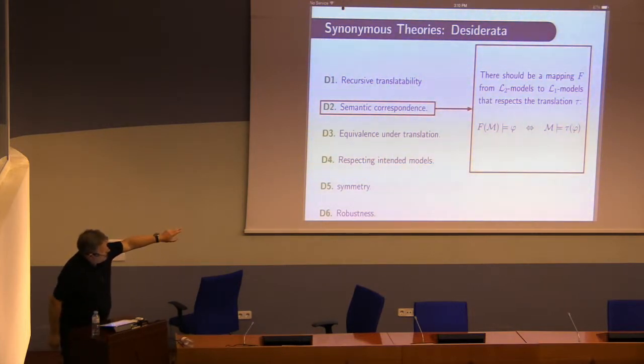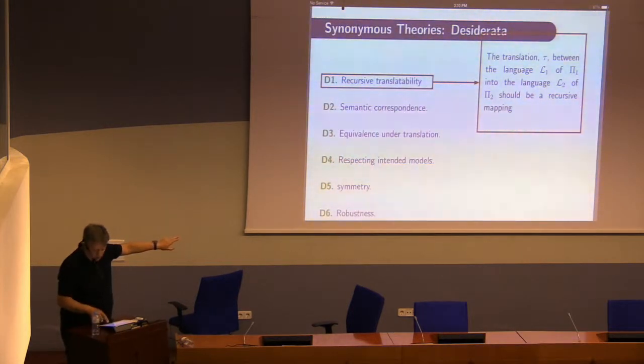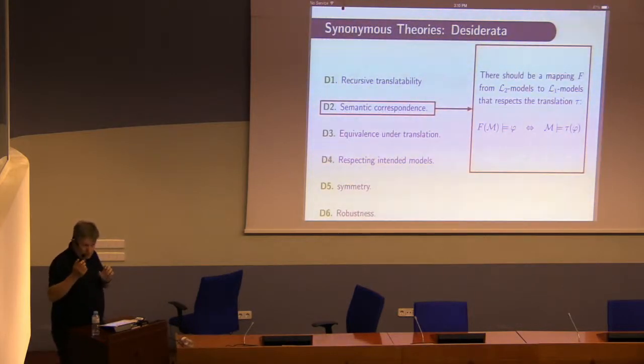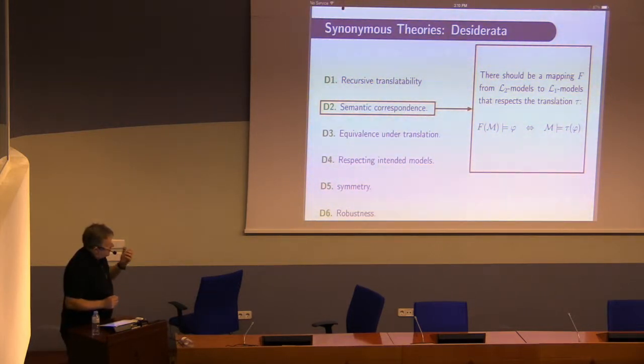And this mapping should preserve, so the translation was Tor. Okay, Tor was the translation. And now I want my mapping F to appropriately associate with that Tor. Okay, so a formula will be true in the image of the model if its translation was true in the original model.